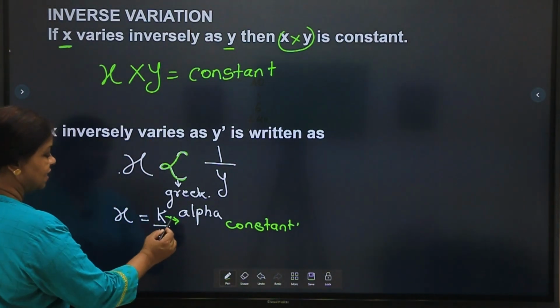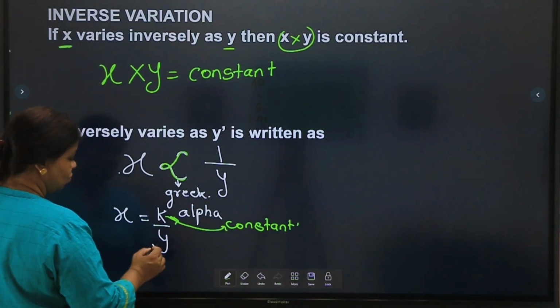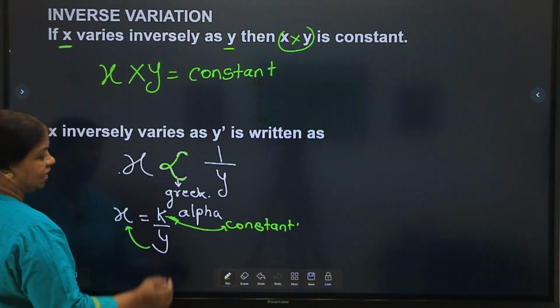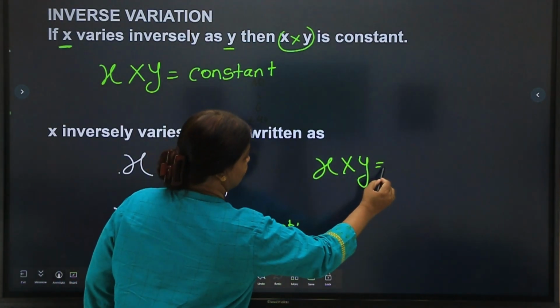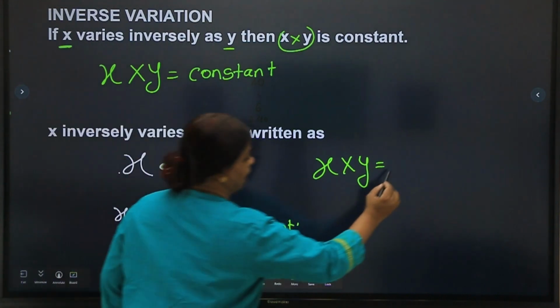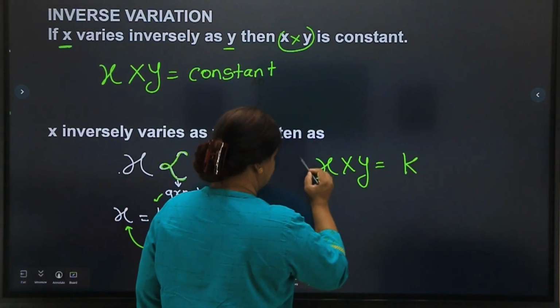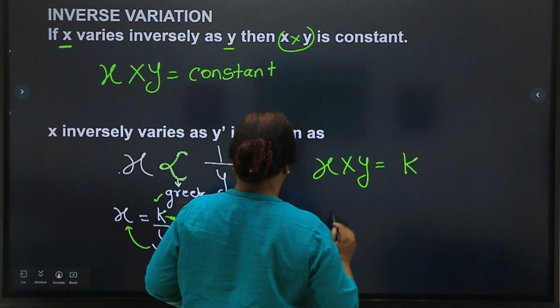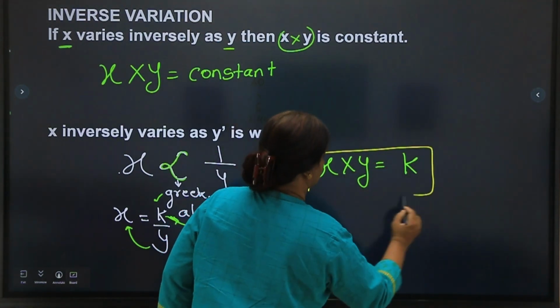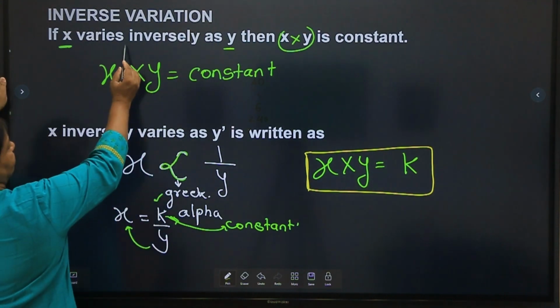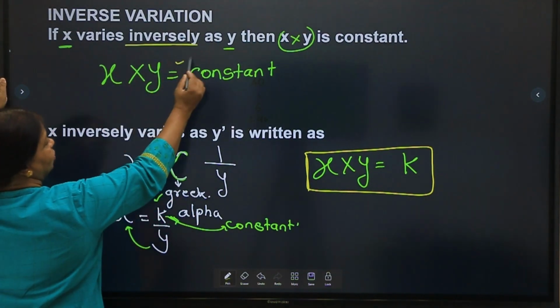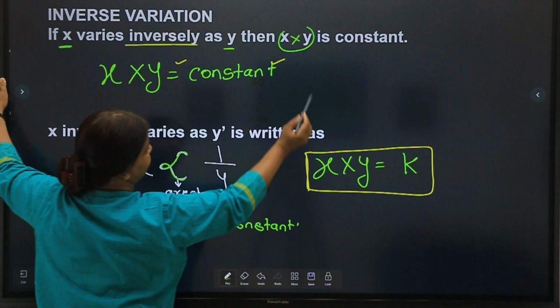So y will go and multiply with x, and you will get x into y is equal to k, where k is the constant of variation. So when there is inverse variation, the product will always be constant. Clear?